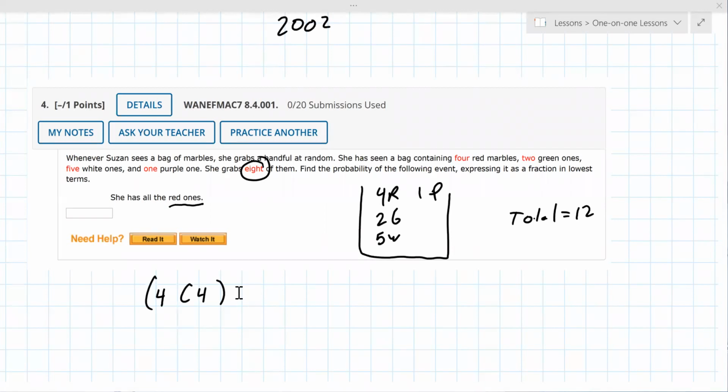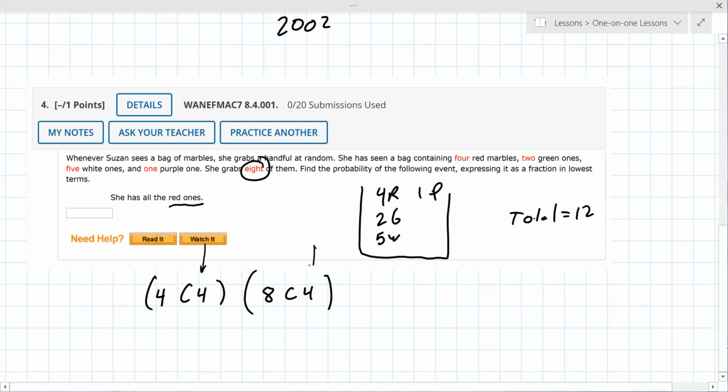We just know that she needs to choose 4 more from the remaining 8, because there's a total of 12. She's going to grab all 4 of the red ones, and then 8 choose 4 means from the rest of the 8 marbles she's choosing 4. These numbers on the right side have to add up to what you're grabbing on the bottom.